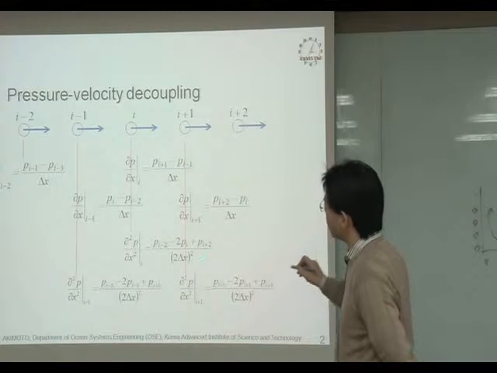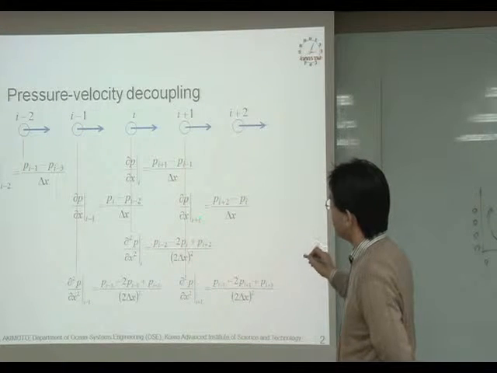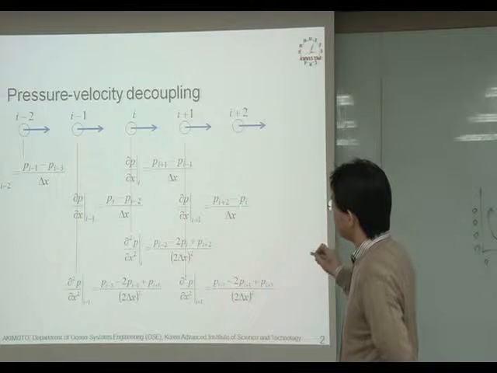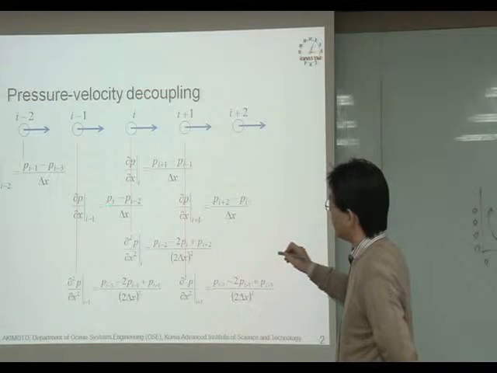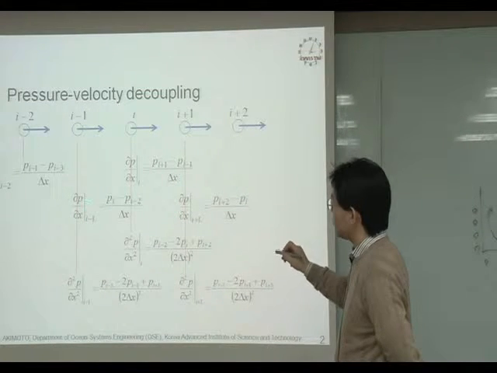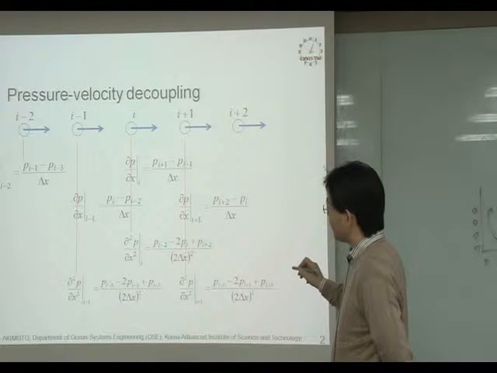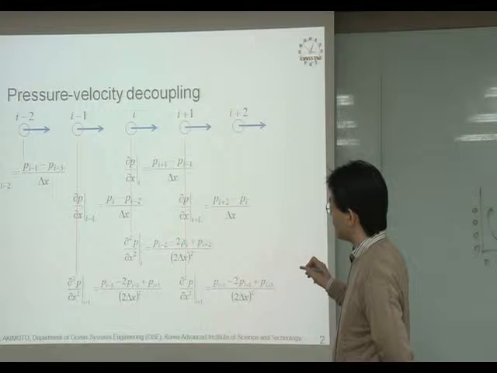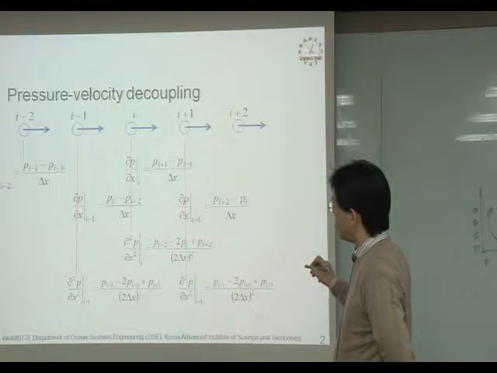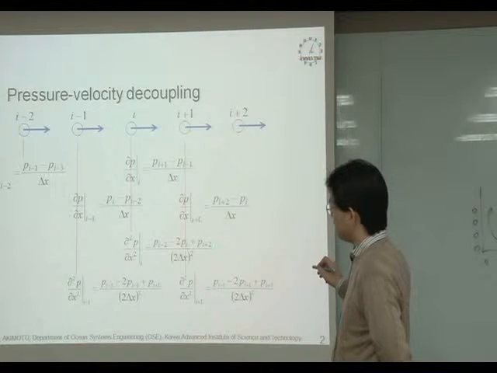This one is calculated from the pressure gradient at i plus 1 and the pressure gradient at i minus 1. The result is P(i-2) minus 2 times P(i) plus P(i+2).